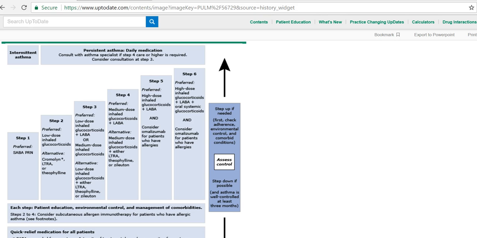I'm sorry, as we get into step 3, they've been on their low-dose inhaled glucocorticoid and their SABA. Now we're adding a LABA, long-acting beta agonist, or medium-dose inhaled steroids. And then there's alternatives listed below. So you never have somebody with asthma on just a LABA alone.